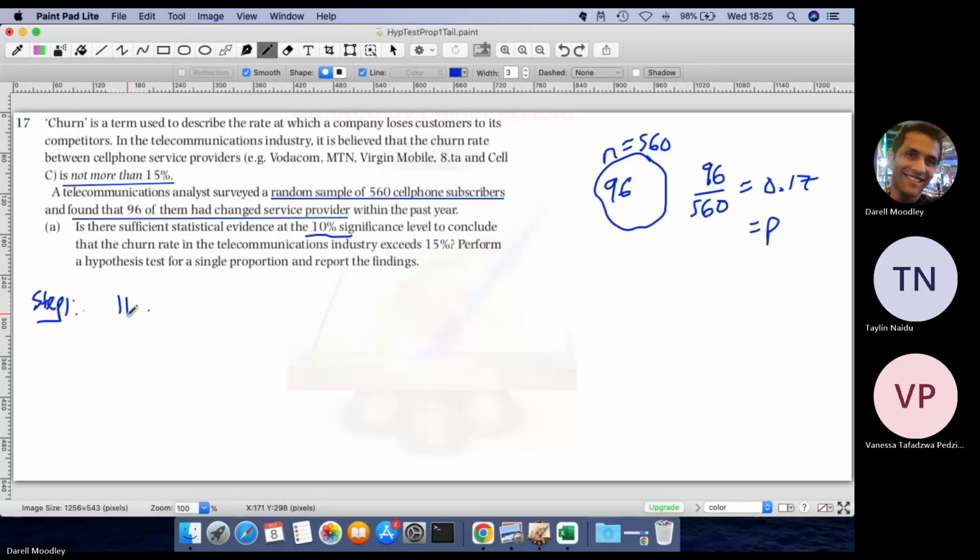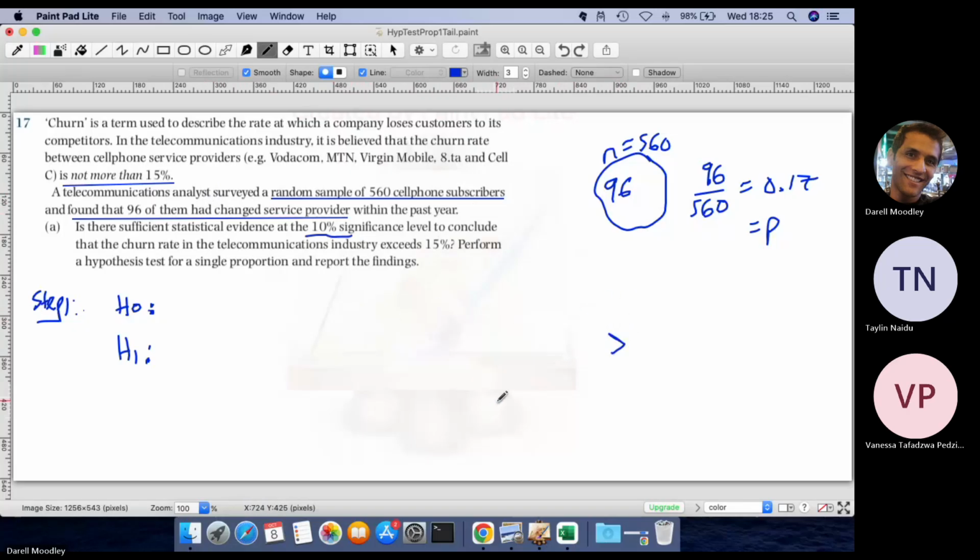Your two hypotheses are H0 and H1, with H0 being your null hypothesis. They're telling you in the question to check that the churn rate exceeds 15%. Exceeds means greater than.